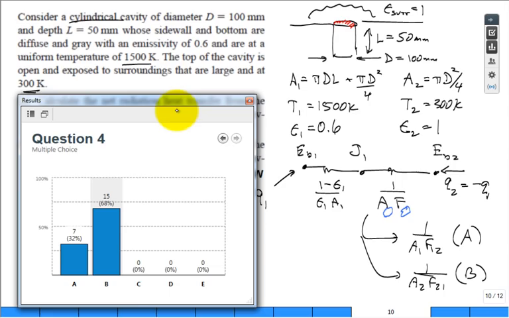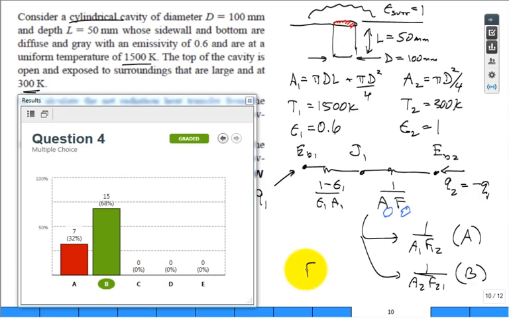All right, so why is A2 F2 to 1 a little easier? Yeah, because the view factor from 2 back to 1 is unity. That's why.